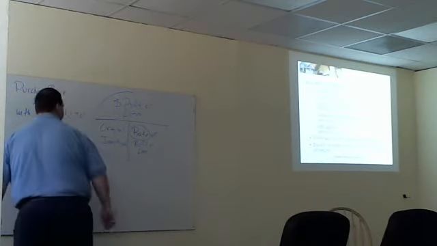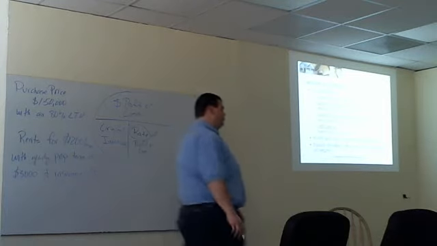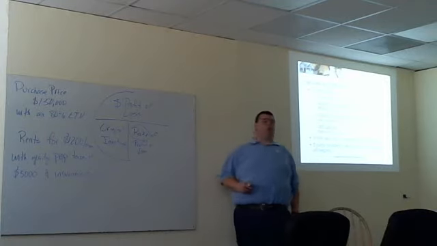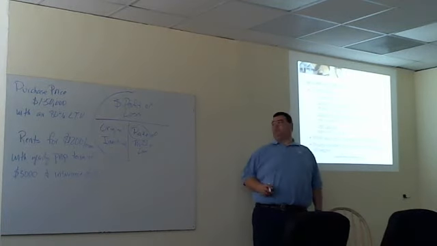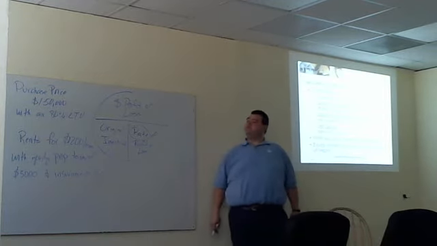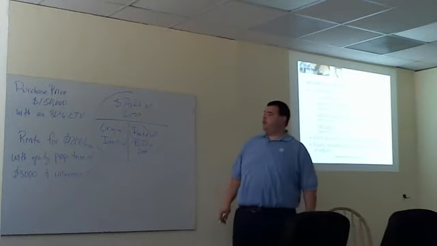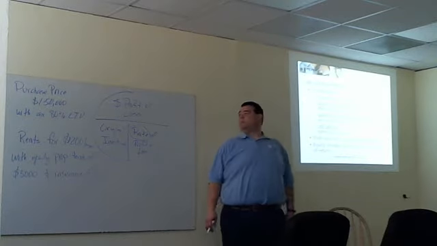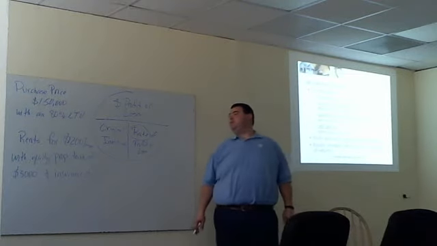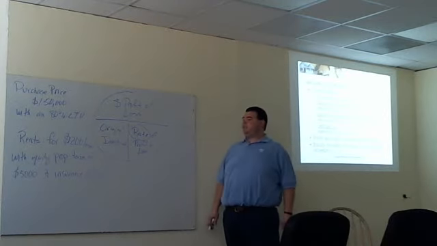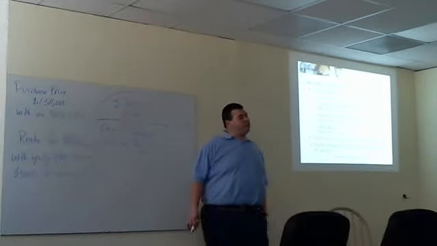I'll give you a second to write that down. Travis has purchased the property with a purchase price of $150,000, and he's got an 80% loan to value loan. The property rents for $1,200 a month with yearly property taxes of $3,000 and insurance of $600.